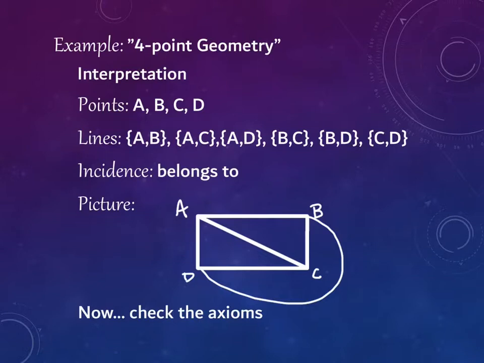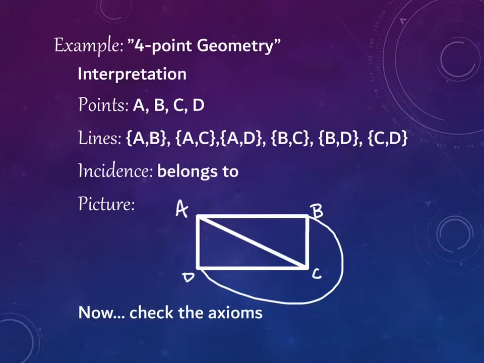For every point P and for every point Q not equal to P, there exists a unique line L incident with P and Q. Okay, so if I take 2 points that are different in my picture or on my description, is there a line connecting them? Yes, there is. So incidence axiom 1 holds very quickly, either visually or just checking the written down data because there's not very much of it.